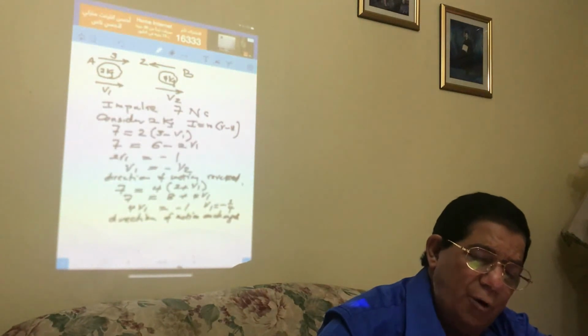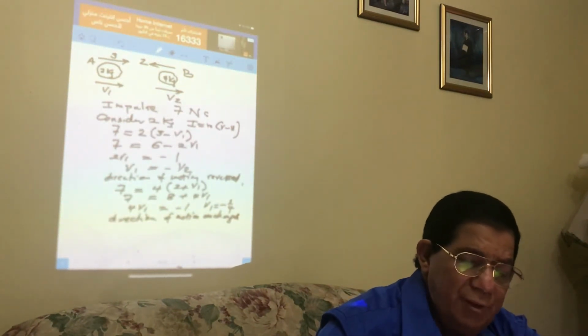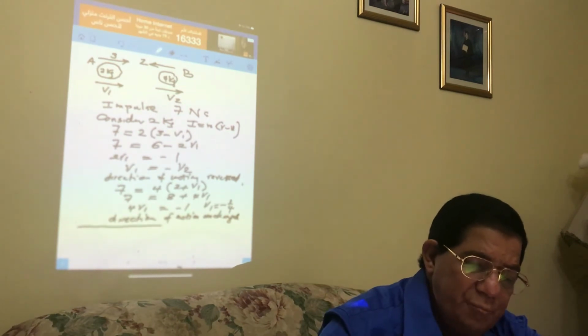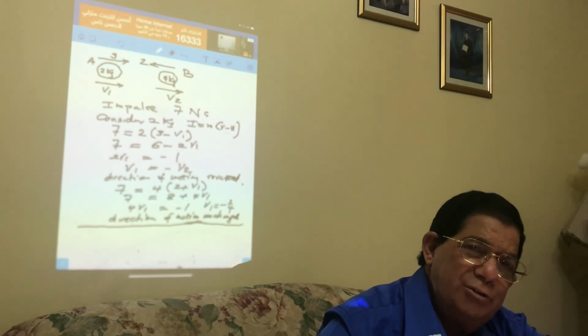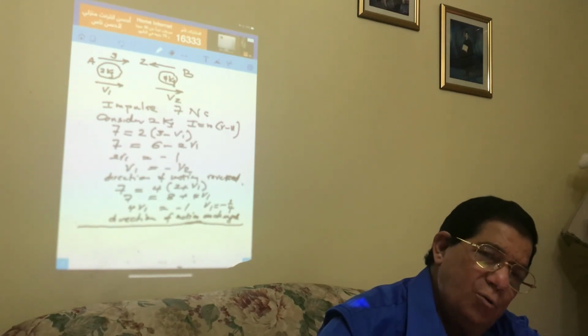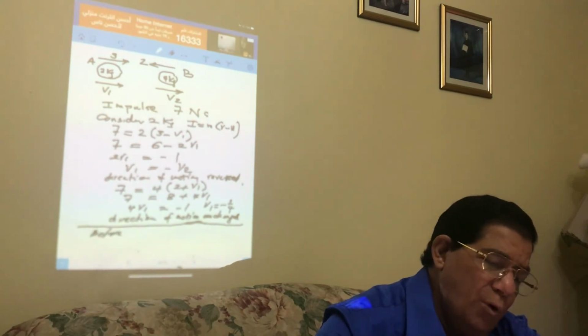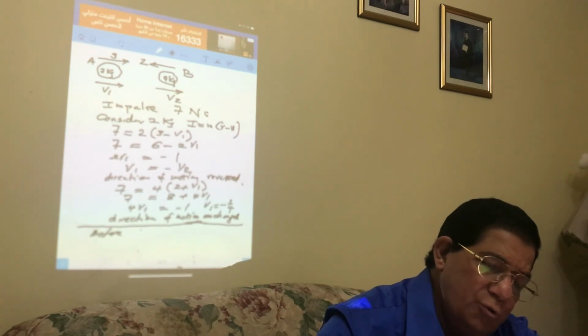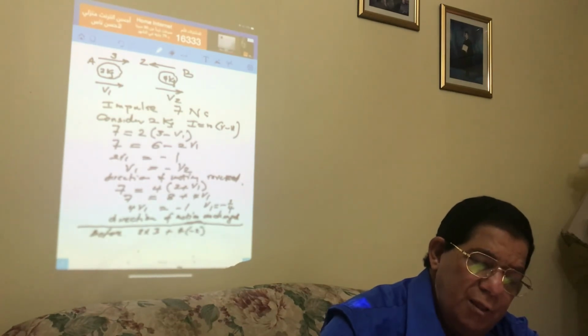To check that our answer is correct, we can do one thing. This is additional to the problem. We can check that the total momentum before collision equals the total momentum after collision. Before collision, the momentum is 2 times 3 plus 4 times negative 2, which equals negative 2.